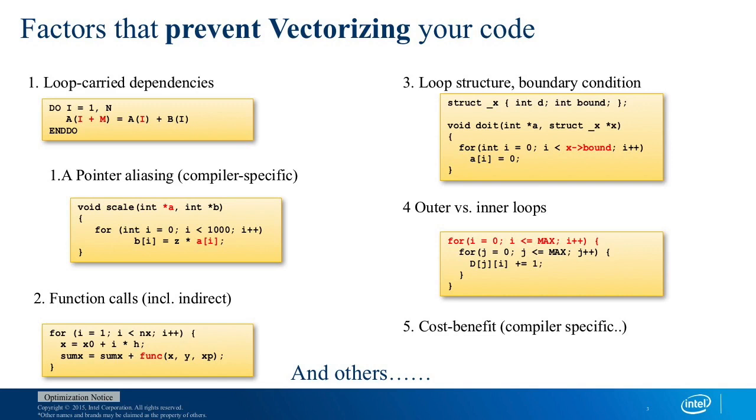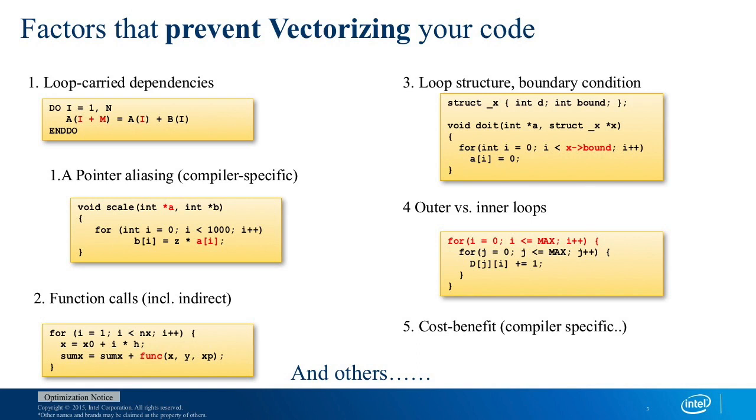So we have A of I plus M and A of I on the left and right side of the equation, which can, of course, when the offset here is smaller than the vector length, then you can have in one vector elements on the right and the left-hand side. So that is a dependency.